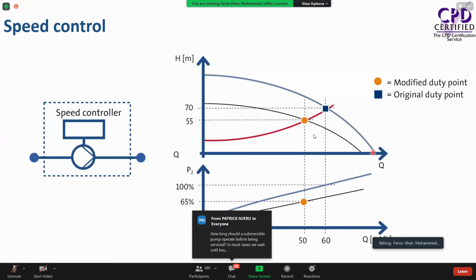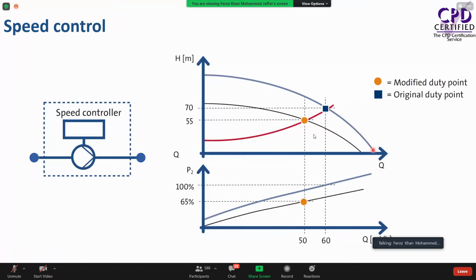The pump performance will change from this to the lower performance curve. The advantage with speed control is that if you want to go back, we can go back to the previous performance curve. So mostly speed control is used where we have a varying demand.